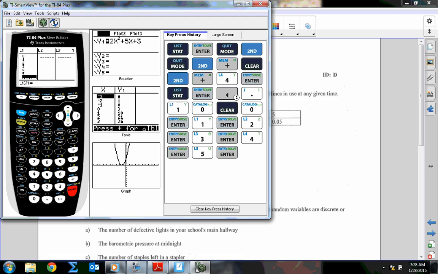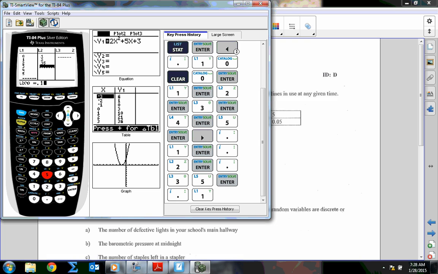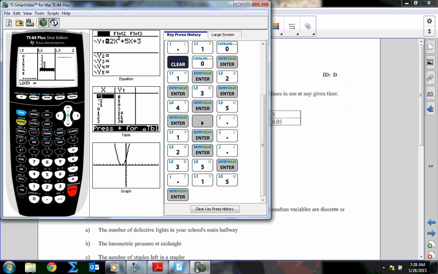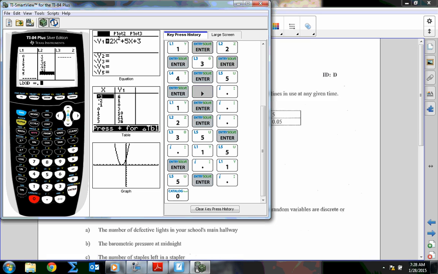And then in L2, I'm going to put the corresponding probabilities. So 0.1, 0.2, 0.35, 0.15, 0.15, and 0.05.